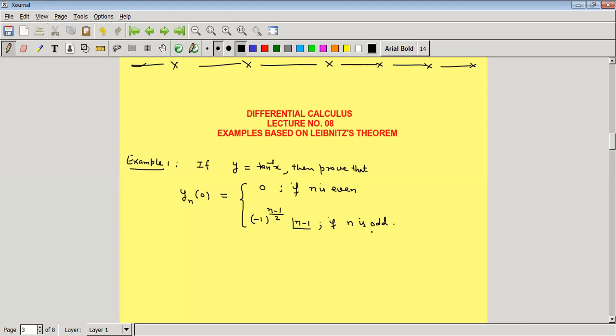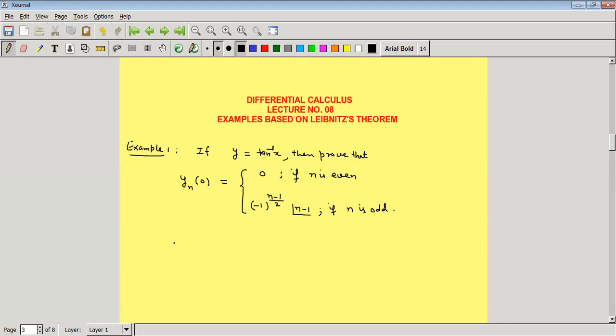So we have to find the nth derivative of the given function. So let us start.